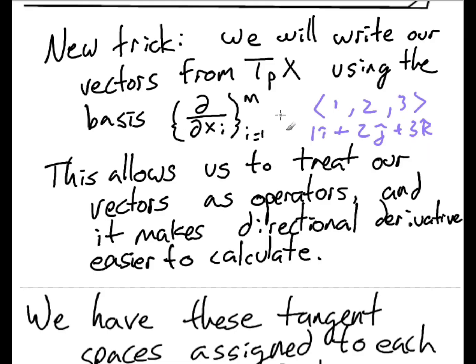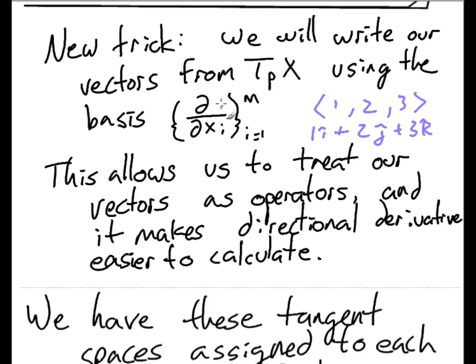Here we're going to do the same thing, except our basis vectors are these partial derivatives with respect to x in all of the directions for each dimension of our manifold. This is our basis, right? So now our vectors from the tangent space have coefficients based on whatever vector we're dealing with, but they're always multiplied by these different partial derivatives.